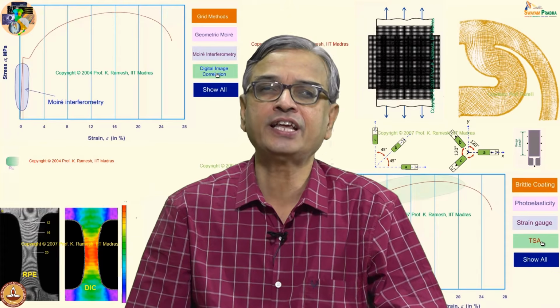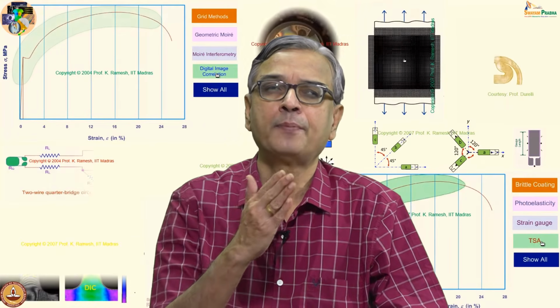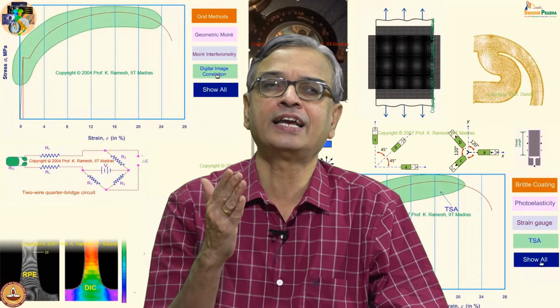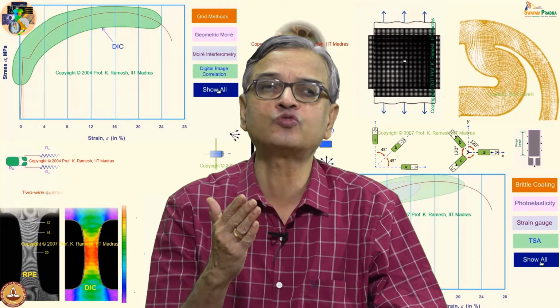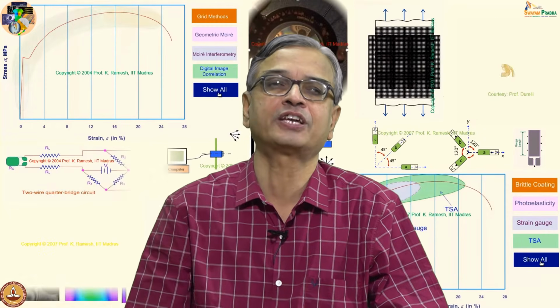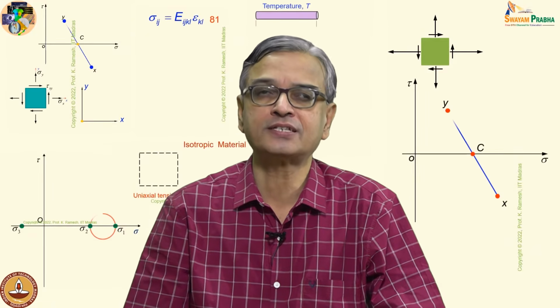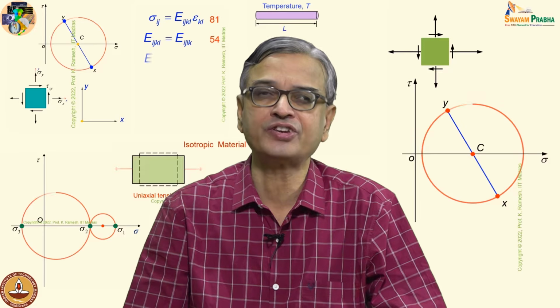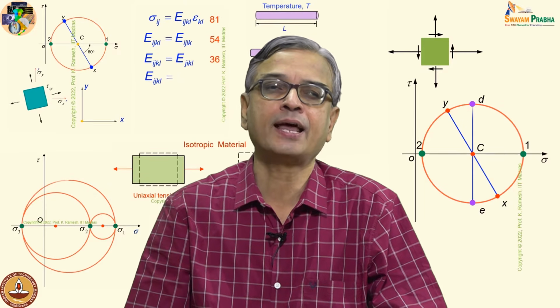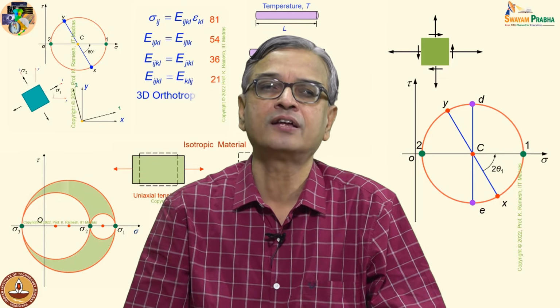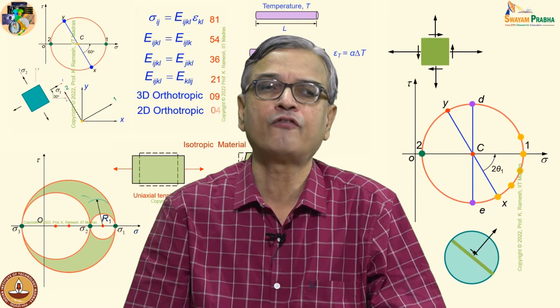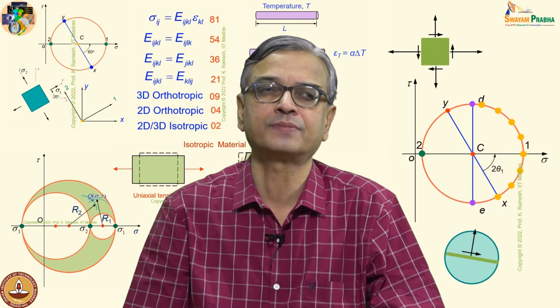The strain gauge technique is very useful for many standard applications, and digital image correlation is useful for large deformations. Concepts of principal stresses, Mohr's circle of stress and strain, thermal strains, and number of elastic constants required to characterize any material form a part of this course.